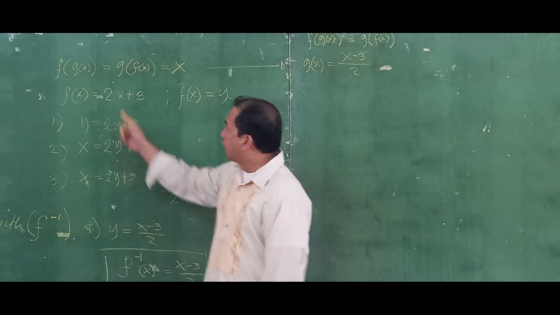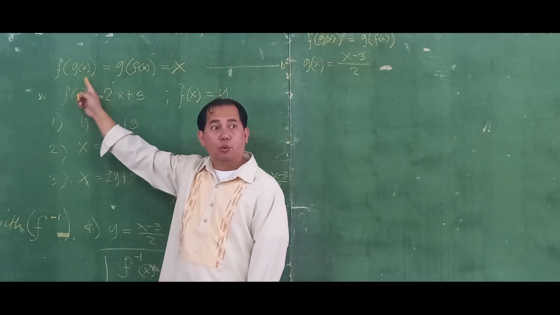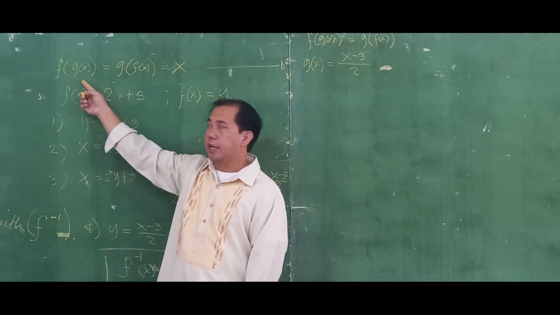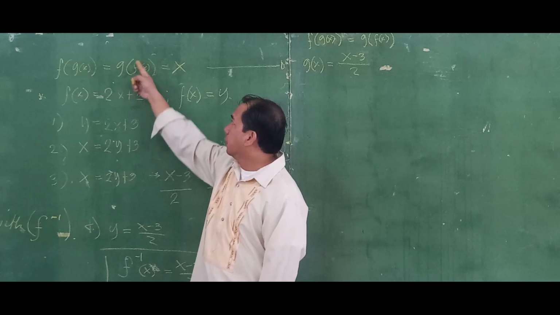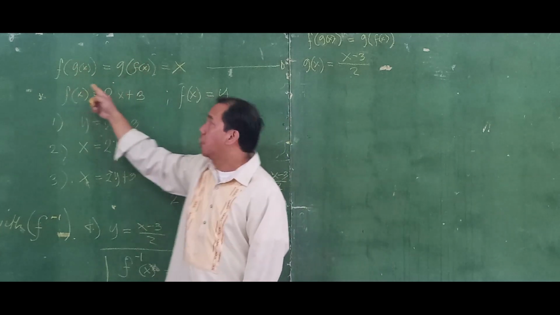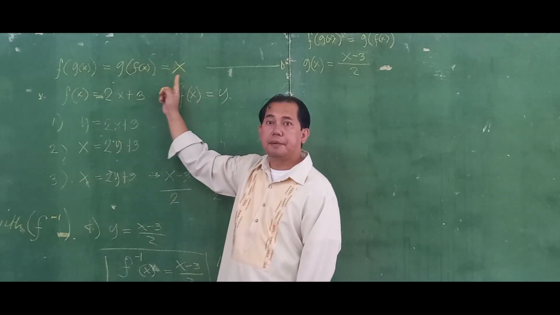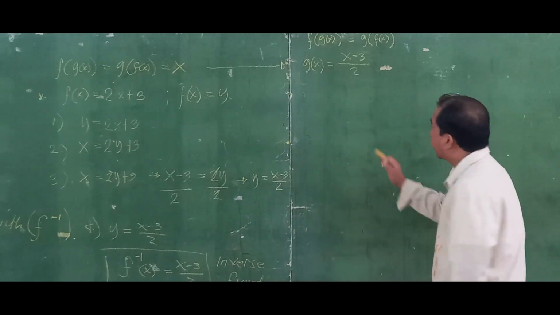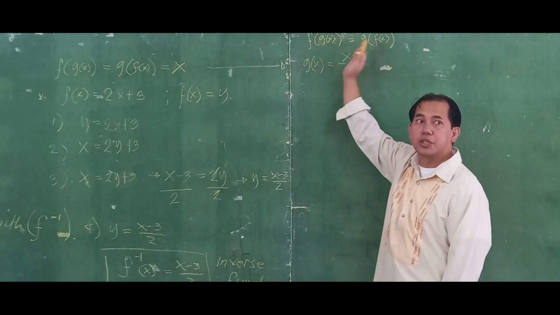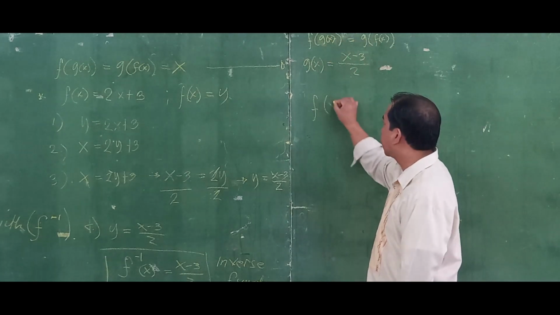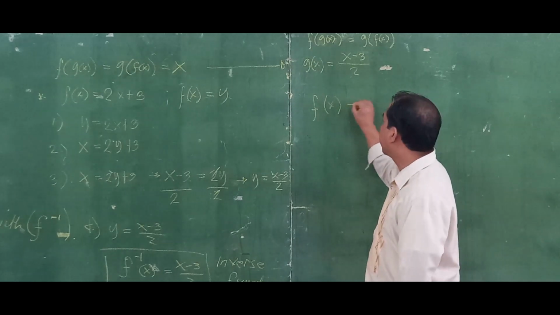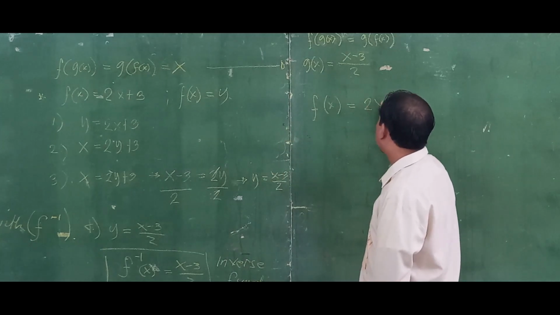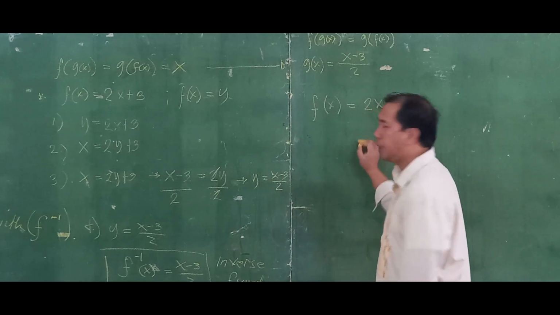Now, but our x will always be the same. Our x in here is the f of x and the g of x. We'll use this one. Notice that when I will be equating this one, so f of x, what is that? 2x plus 3.